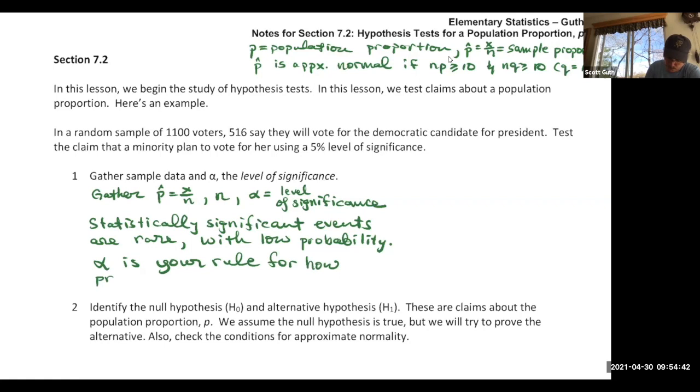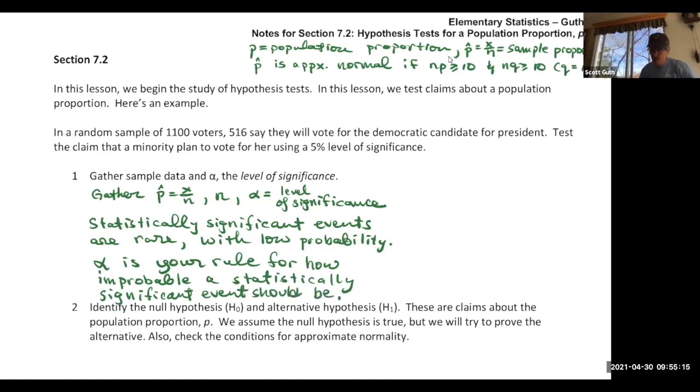And maybe I'm going to say improbable. Okay, that sounds better. So yeah, it should be a low probability.